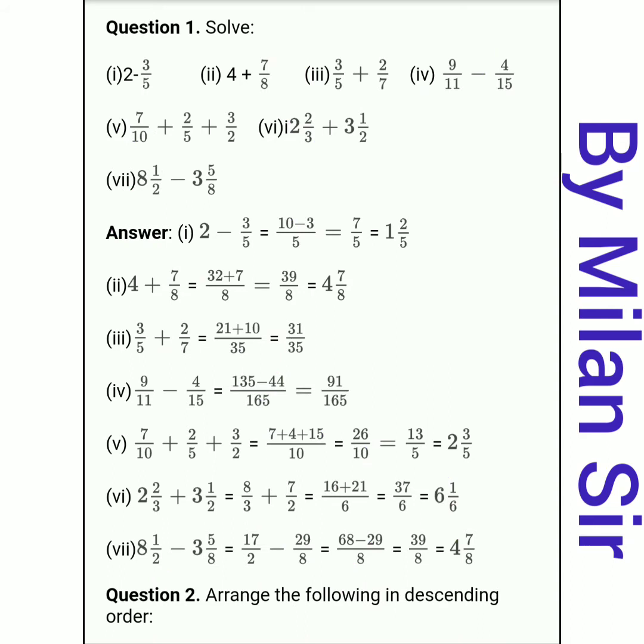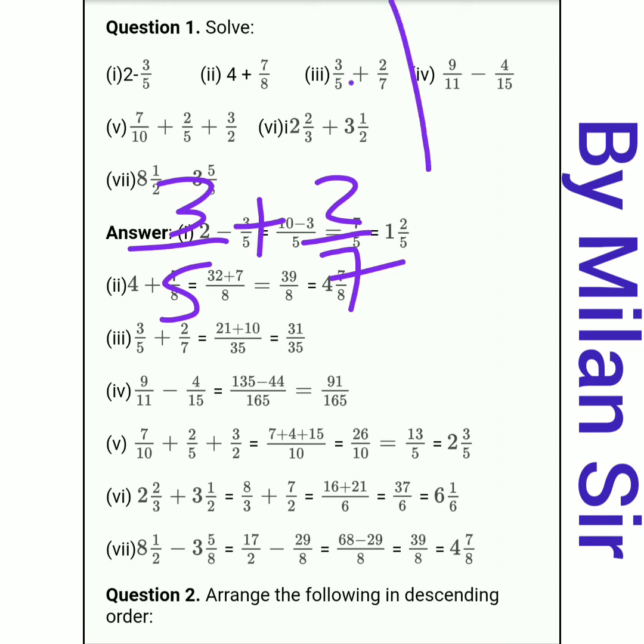Then question number 3. 3 by 5 plus 2 by 7. Here we need to take the LCM, right? We have one method for LCM if we have different denominators, 5 and 7. So put 5 here, 5 ones are 5.